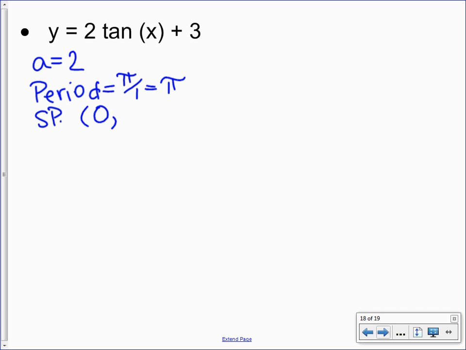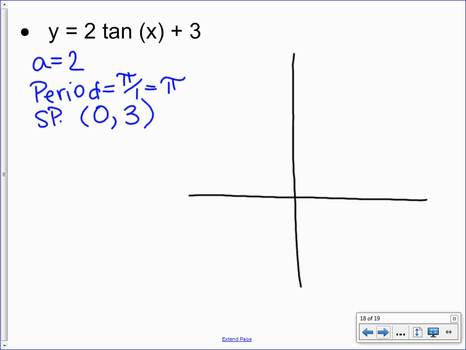And what's our D value? 3. All right, so we have everything we need. Okay. So our starting point is 0, 3.